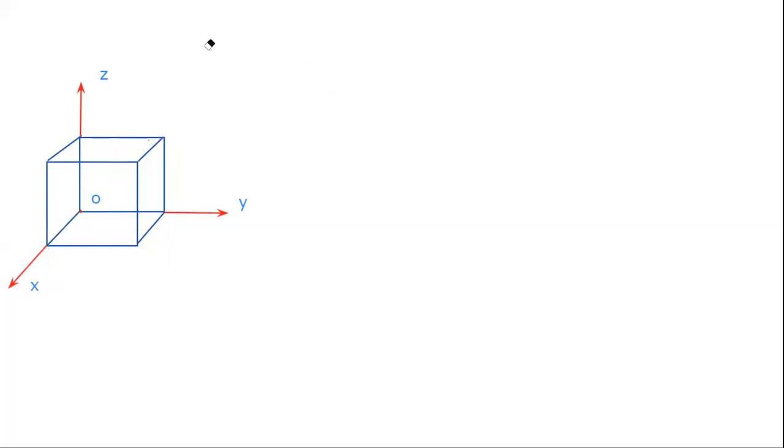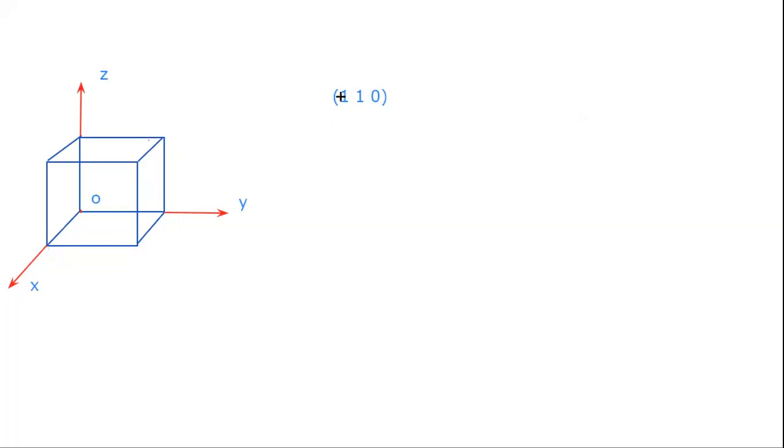Okay, then we consider another plane, 1 1 0. So how do you draw this plane 1 1 0? Indicate the points with dots.